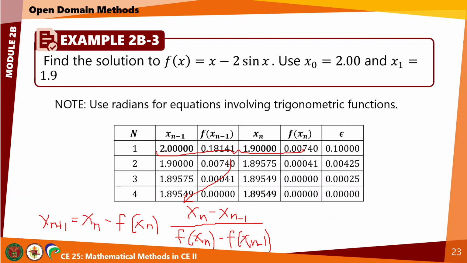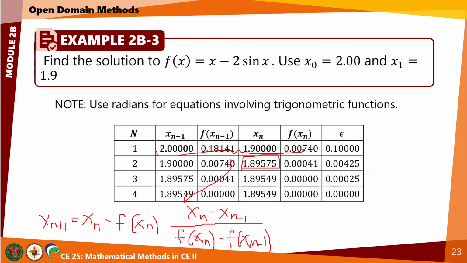Okay, so we have x sub n is 1.9 minus function value niya doon, which is 0.0074 times difference ng guesses, which is negative 0.1, kasi 1.9 minus 2, over 0.00740 minus 0.18141. So you get 1.89575. Tama.